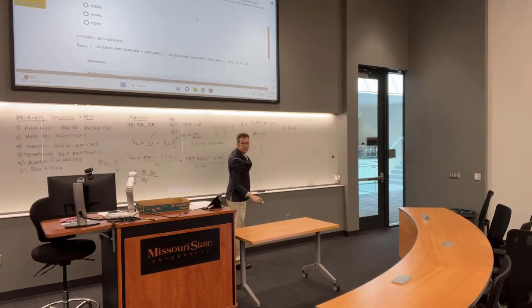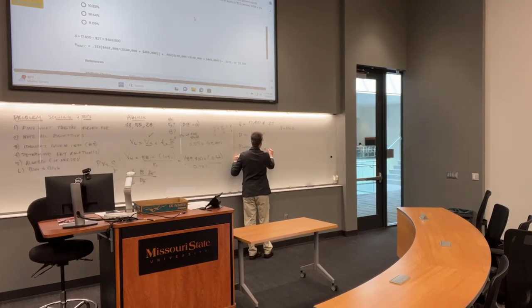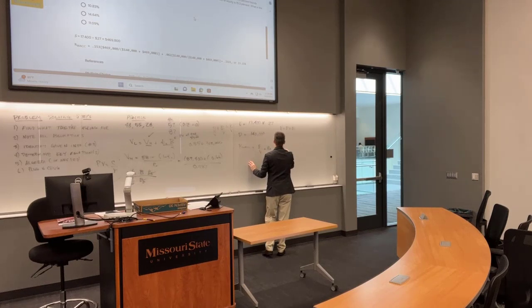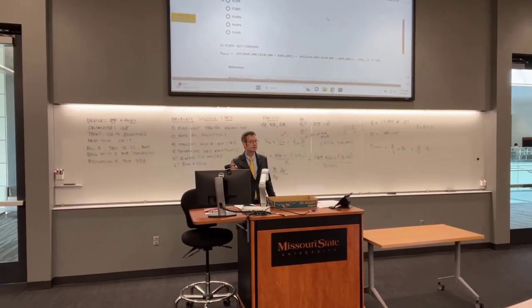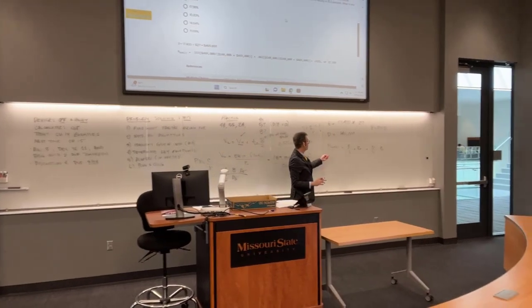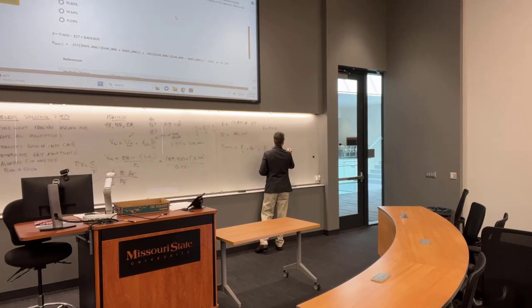You've got to add those two things together, right? E over V times the required return on equity plus D over V times the required return on debt times 1 minus T. Do we have, oh no, what do they say? No taxes. They don't expect to pay taxes for the foreseeable future, so there's no taxes here. And so this is going to be our formula. In fact, I'll go ahead and write that 1 minus T. And then we're going to say that's 0, so this whole thing just goes away.